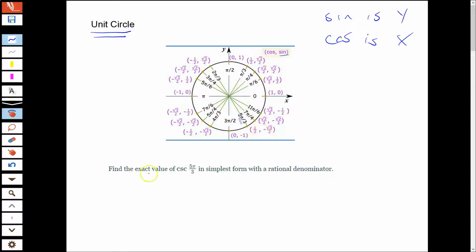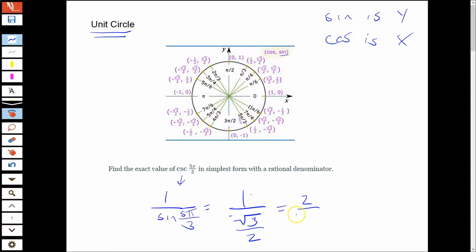So if we remember that what we want is 1 over sine 5 pi over 3, because that's the definition of cosecant, then we want to find sine, so sine is the y value. This becomes 1 over negative root 3 over 2. And then we just take the reciprocal, because that's what doing 1 over something does, right? 1 over a fraction gives you its reciprocal.